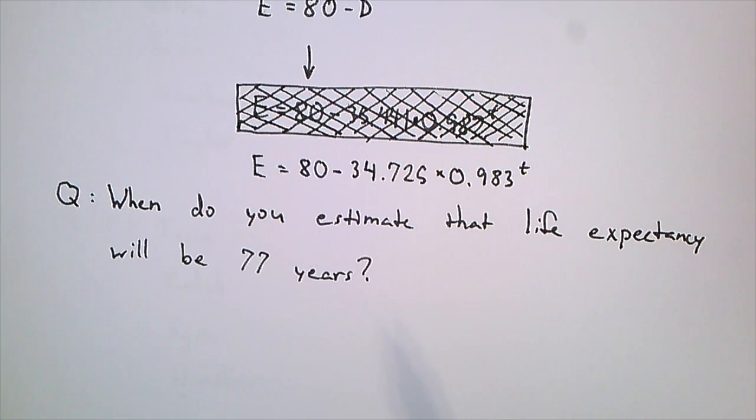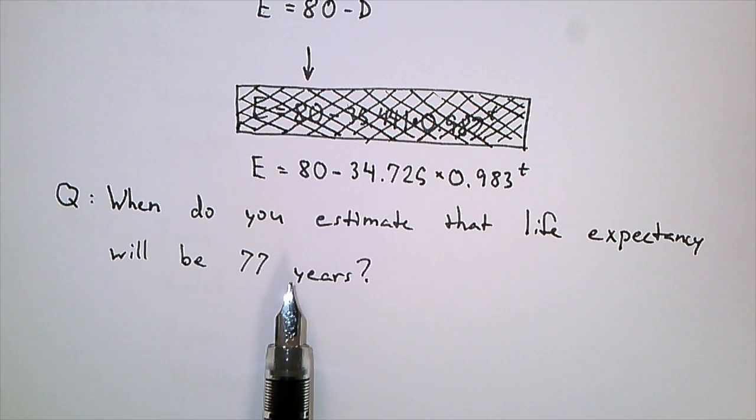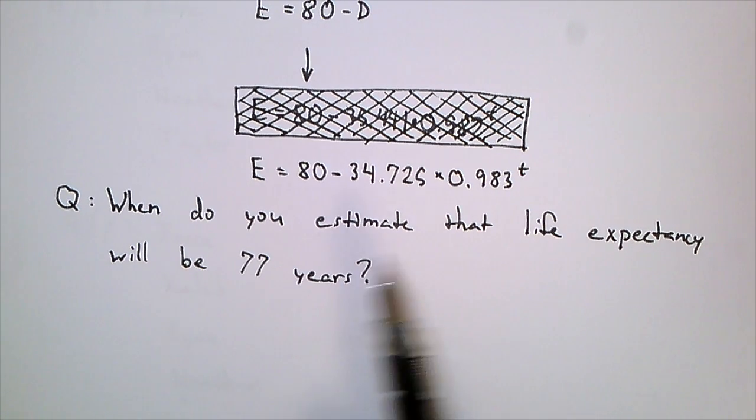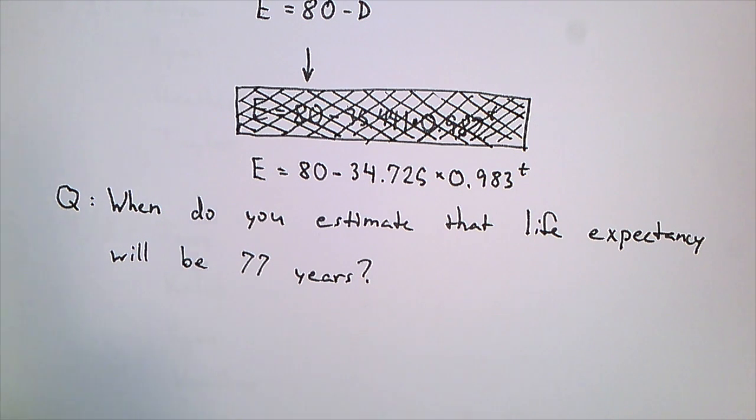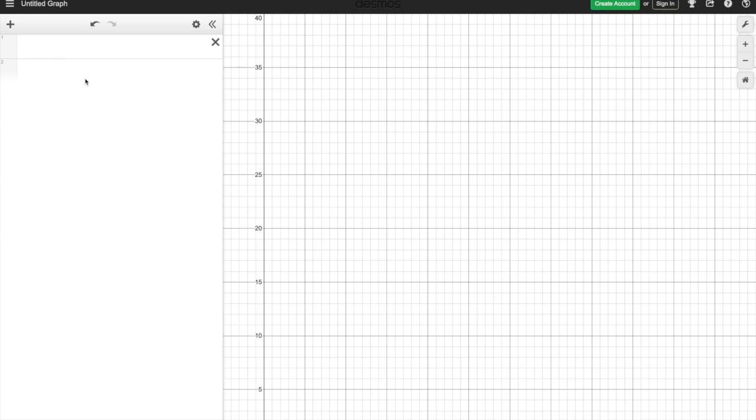Let's use our model to estimate the year that life expectancy will be 77. So to answer this last question, we'll need to see where our life expectancy model is equal to 77 years. So first, type out the expression for life expectancy.